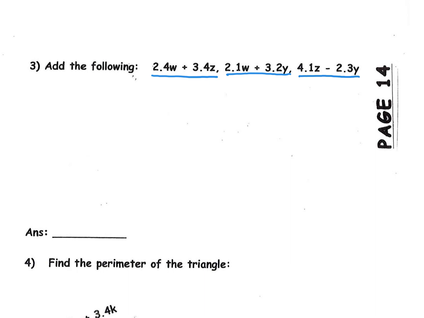So one suggestion I have is for you to make a table as we term combine. Our W's will go in the first column, our Y's will go in the second column, and our Z's will go in the third column as we term combine. Let's begin.